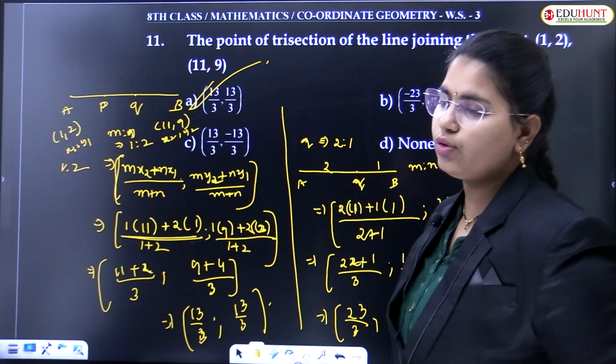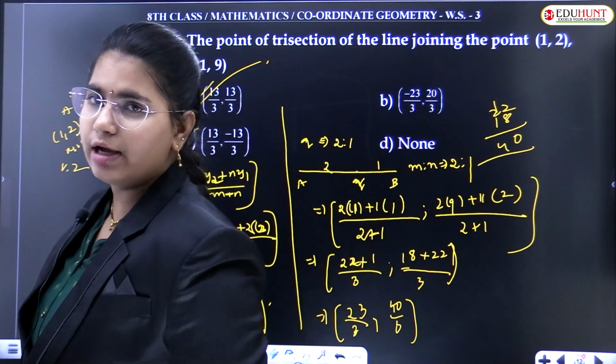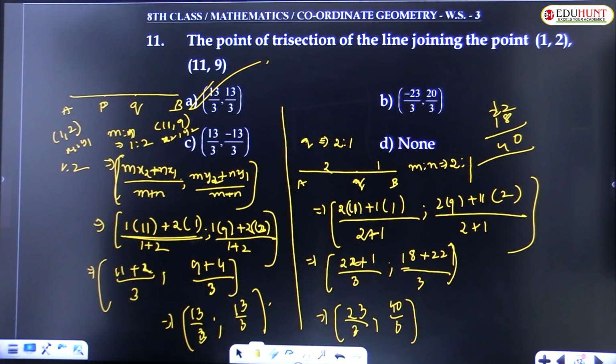Can you see here? You don't find 23 upon 3 and 40 upon 3 in the options, right? Yes or no? Even that is a correct one only.